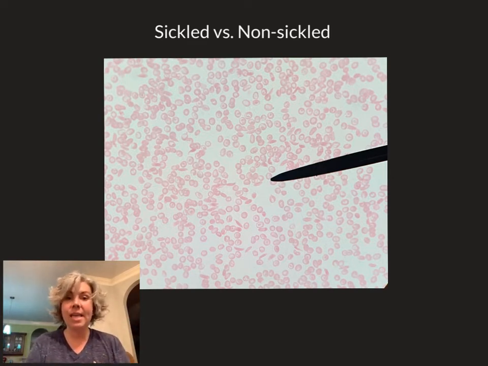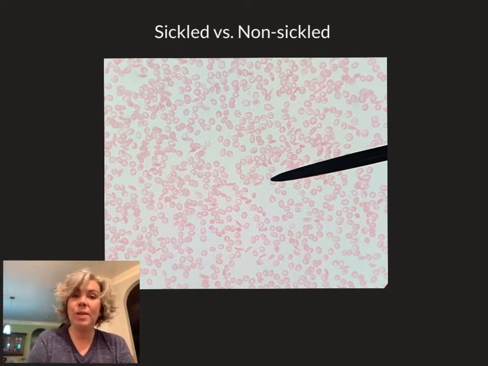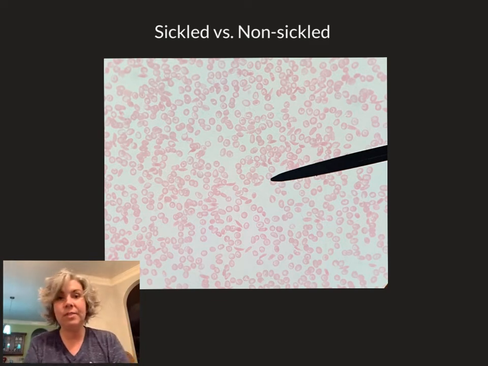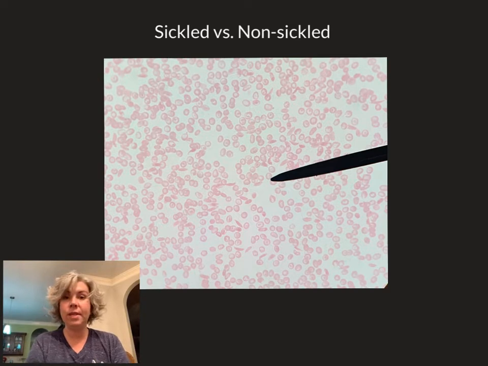And that's how the name sickle cell came to be, by the shape of that red blood cell. And since the hemoglobin is abnormal, it can't carry sufficient amounts of oxygen. And that's why a patient with sickle cell is anemic. So sickle cell anemia is the full name, usually what we refer to this genetic disease, or just sickle cell.